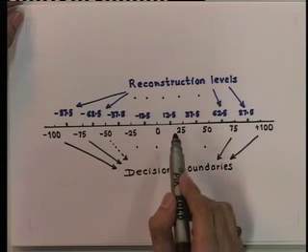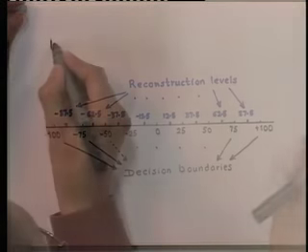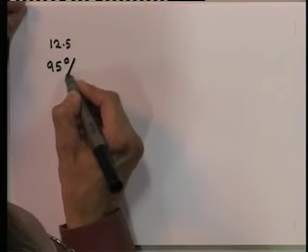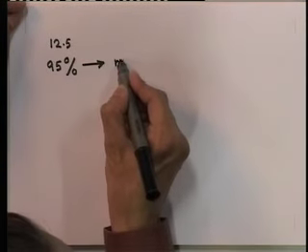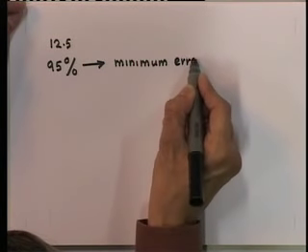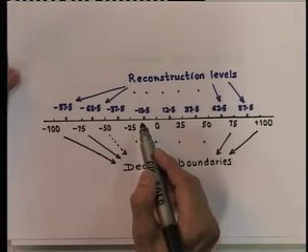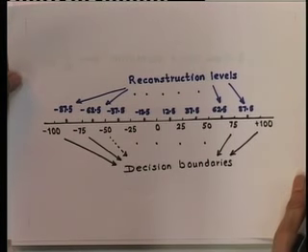So, the maximum quantization error that can be incurred is 12.5. However, at least 95% of the time, the minimum error that will be incurred will be 11.5, because the input lies between minus 1 to plus 1 with the probability of 0.95.